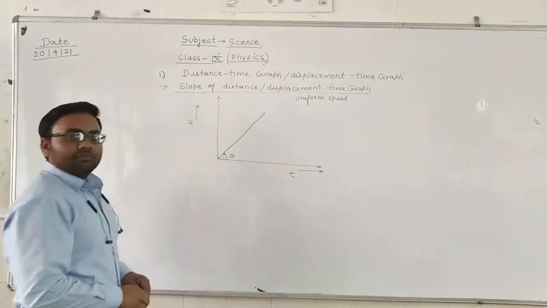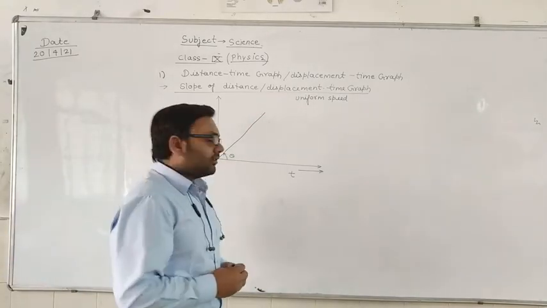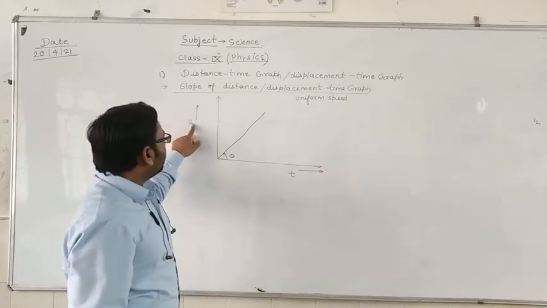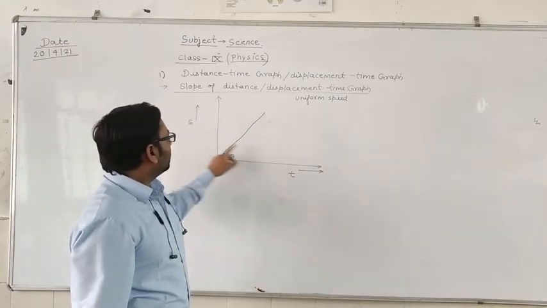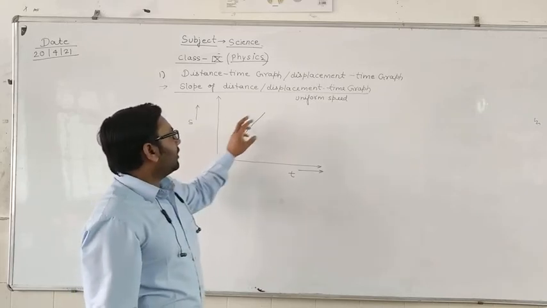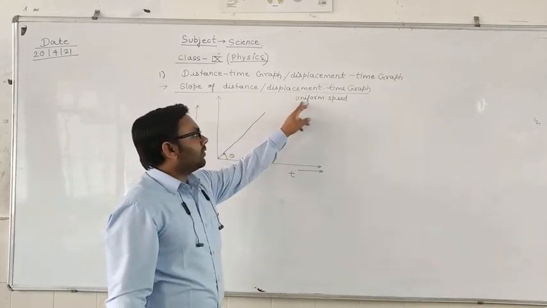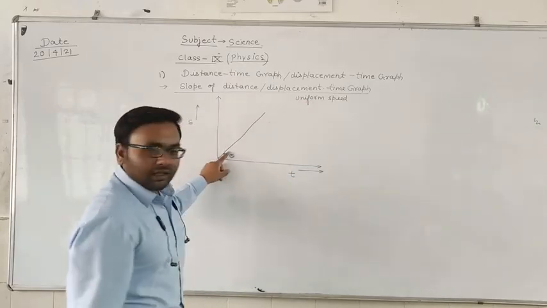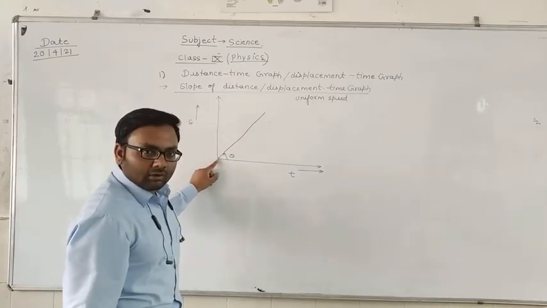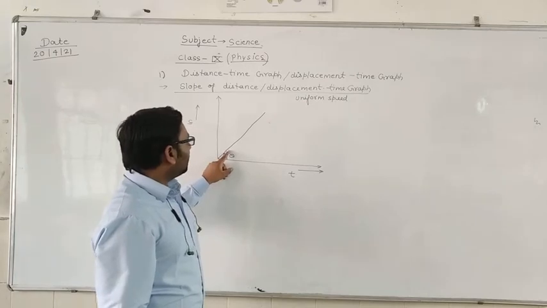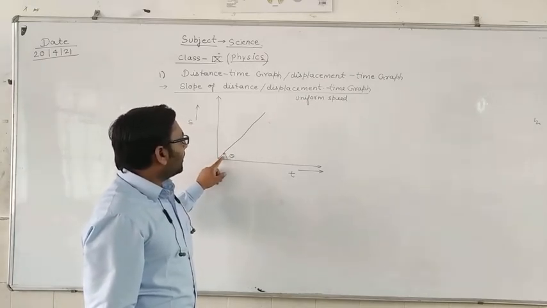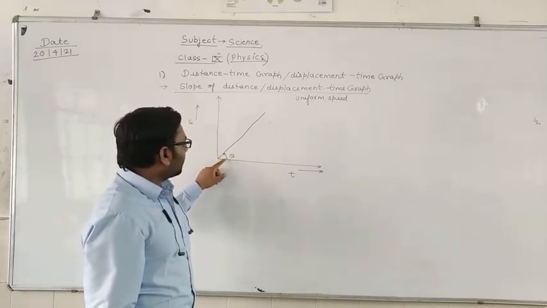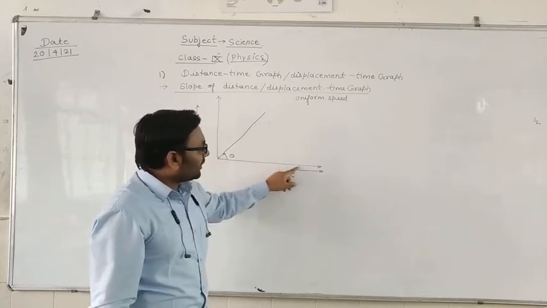We have already discussed it. When we plot the distance or displacement time graph for an object moving with uniform or constant speed, we get a straight line which may or may not pass through the origin. And this straight line always makes some angle with the positive time axis.